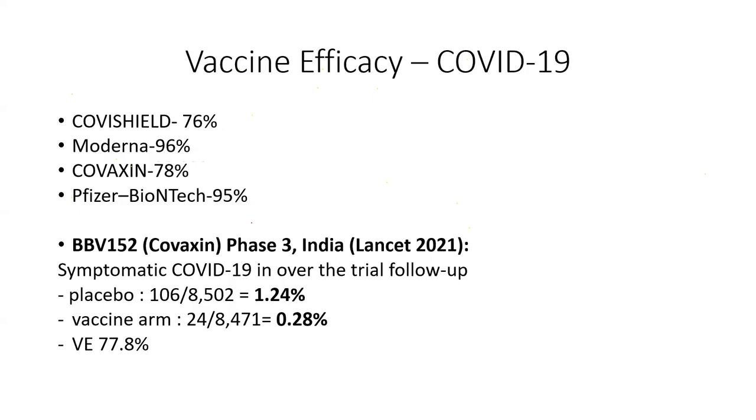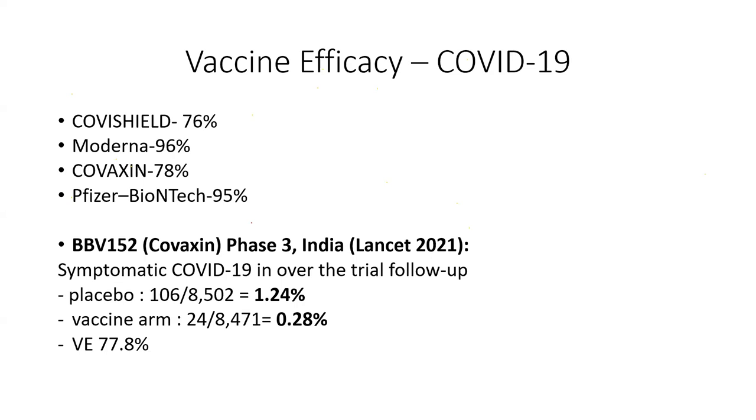So again, I'm just giving an example of Covaxin here. This is a study which was published in Lancet, and it said 78% vaccine efficacy. Now, if you look at the data, what is the data saying? In the placebo group, the incidence of symptomatic COVID-19 was 1.24%.